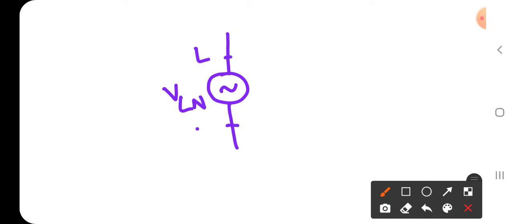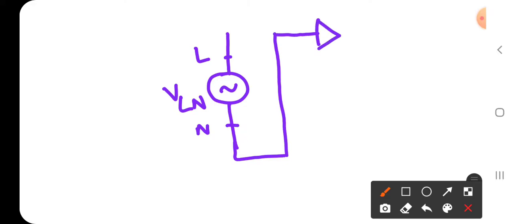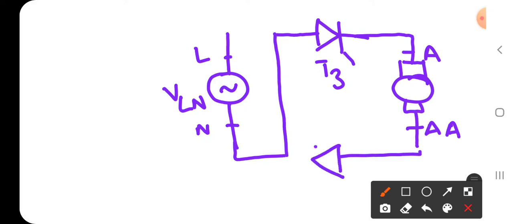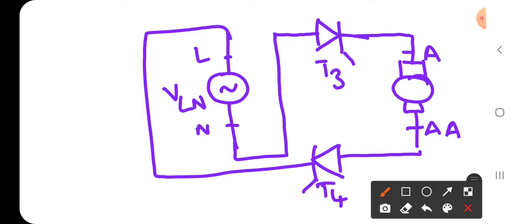This is L and here it is N. First the current starts from N, to T3, T3 to motor, motor to T4, T4 to L, like this. Here the current flows in this direction.